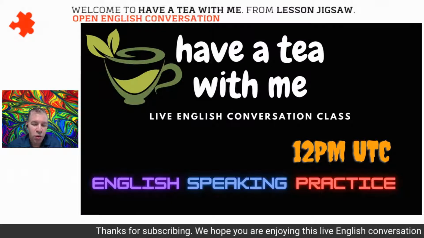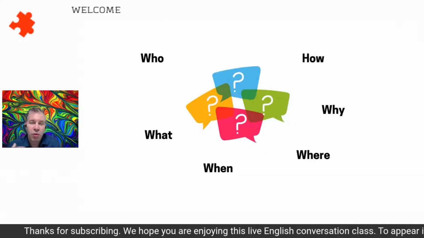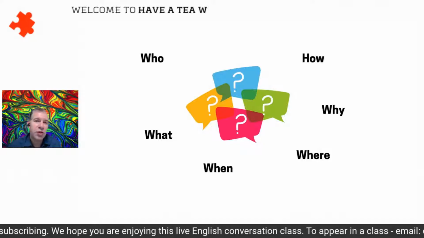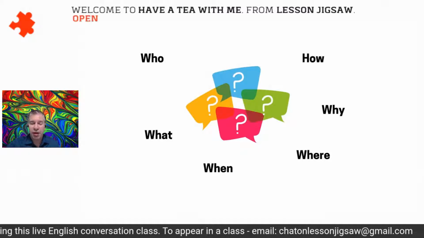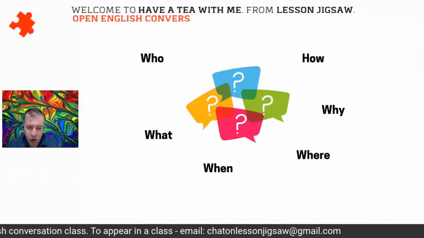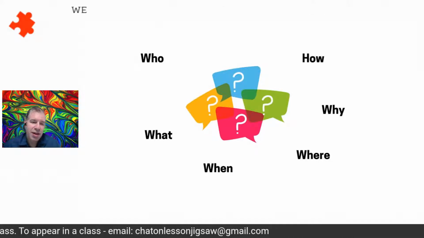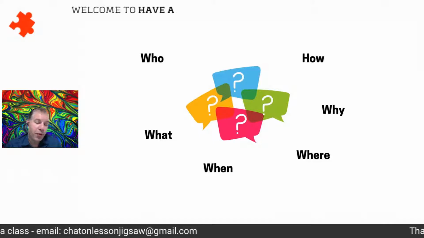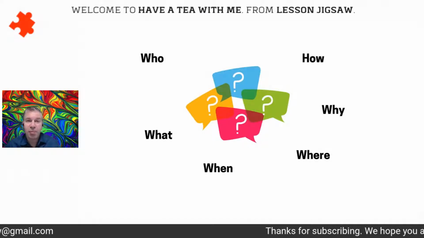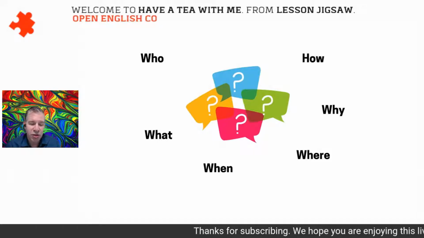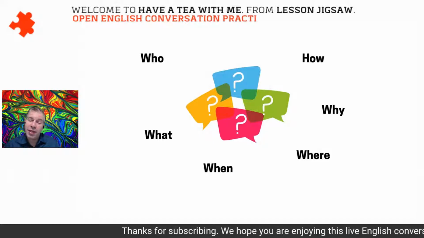And I always encourage people, when you're looking at different materials and you're looking at different things to talk about, think of the question words. So when you're thinking of what can I say, apart from perhaps the obvious, think of the question words. So you can obviously start with the basic information, and then perhaps go a little bit deeper.